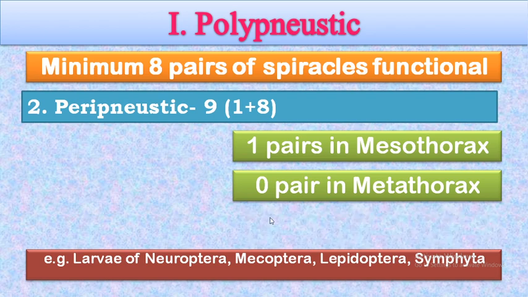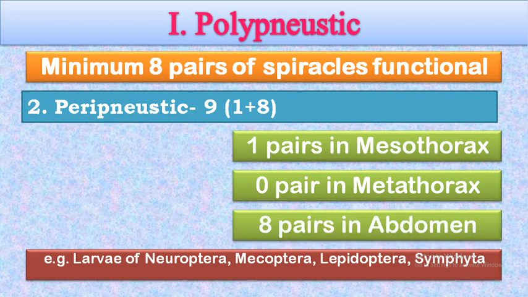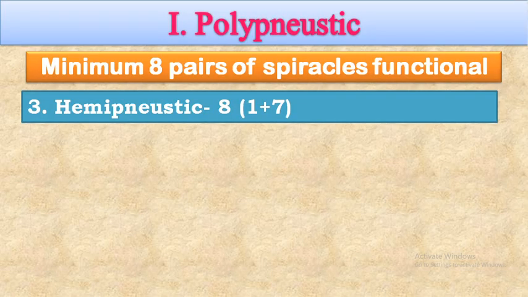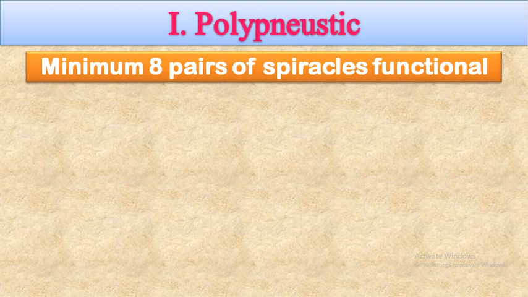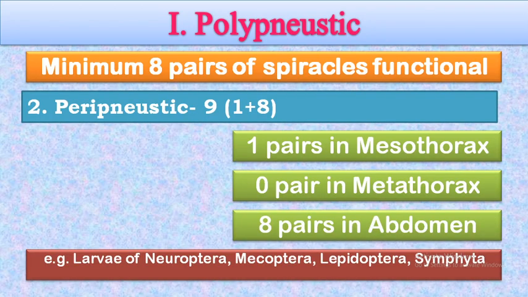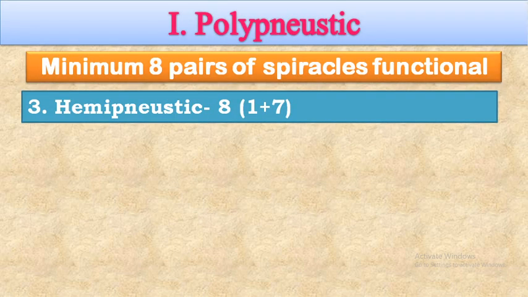Then the third type is hemineustic. As you can see, the number is reducing. Holo has all 10 working, perineustic has 9 working, and here hemineustic has 8 spiracles working. So it is 1 plus 7, 1 thoracic, 7 abdominal.